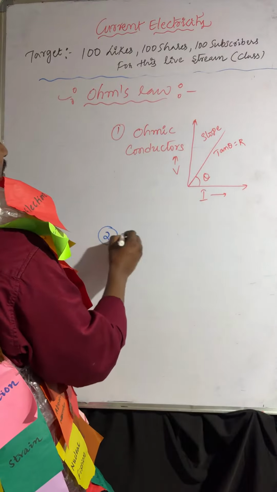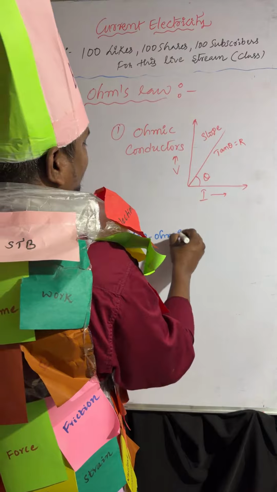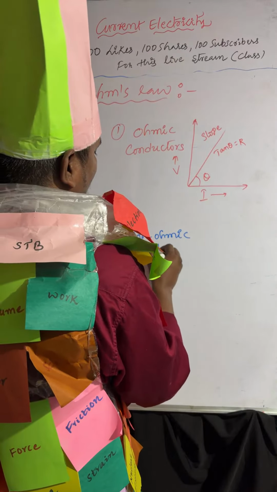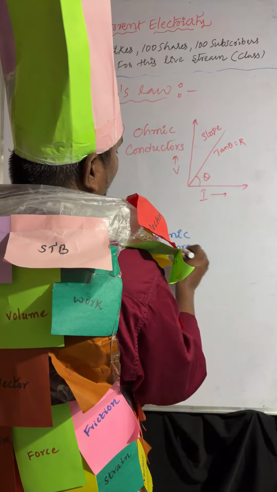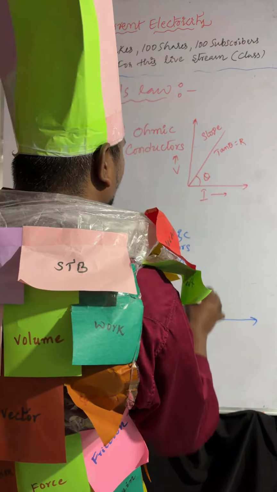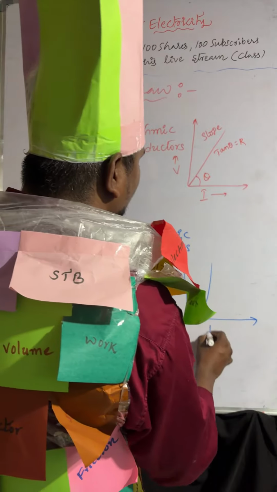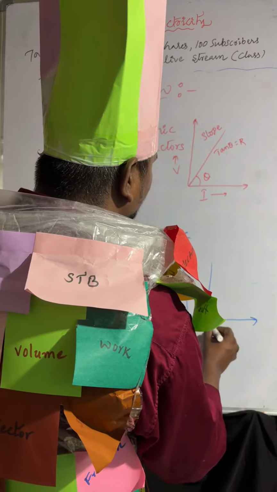Coming to non-ohmic conductors, the graph is curved. Here V is on the y axis and I on the x axis.